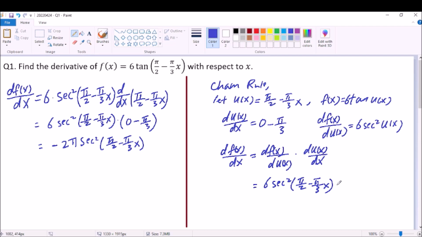And du/dx is minus pi over 3. So we get minus 2 pi secant squared (pi over 2 minus pi over 3 x).